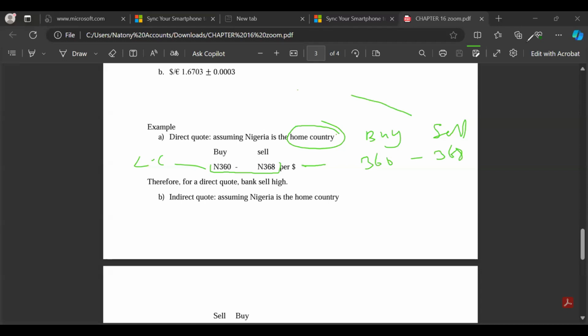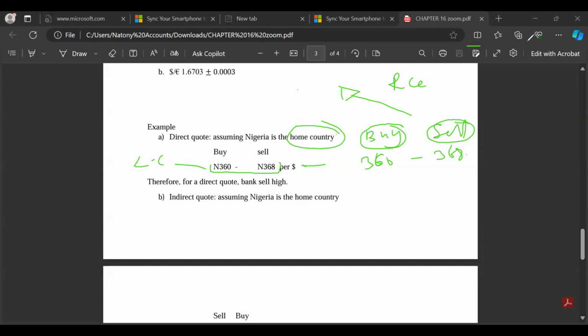This is from the bank's perspective. For a receivable, the bank will always be buying. For a payable, the bank will always be selling, because for a payable the company needs to buy, so the bank will sell. So for a direct quote, the bank will always buy at this rate and sell at this rate.